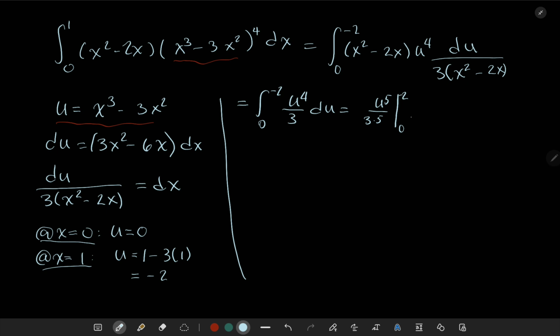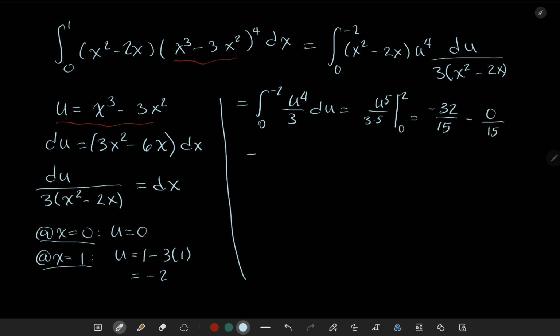So whenever I plug in my negative 2, I get negative 2 to the power of 5, which is negative 32. The 3 times 5 gives me 15. Minus, and I evaluate at 0 next, so this is going to be 0 over 15, which is still 0.